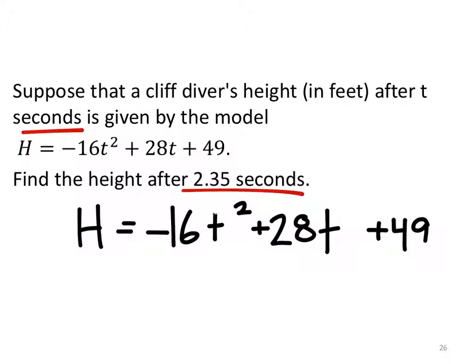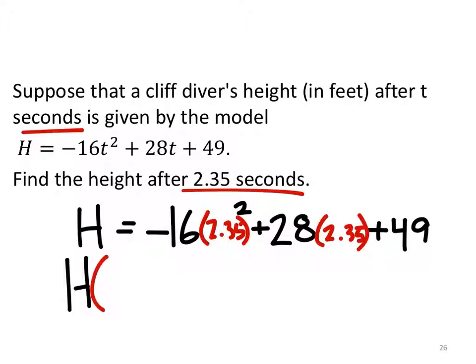So I'm just going to replace all the t's, and not the plus symbols, with 2.35. Well, now that I have this, actually, I can plug it directly into my calculator, and it will tell me the answer. So let's go ahead and do that. We could write this in function notation, the height at 2.35 seconds. You don't have to. I'm sure the homework will put it in for you.